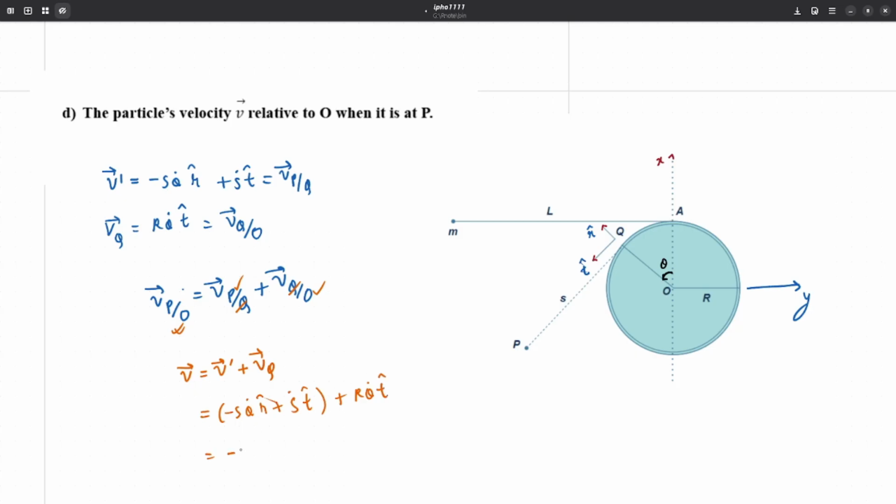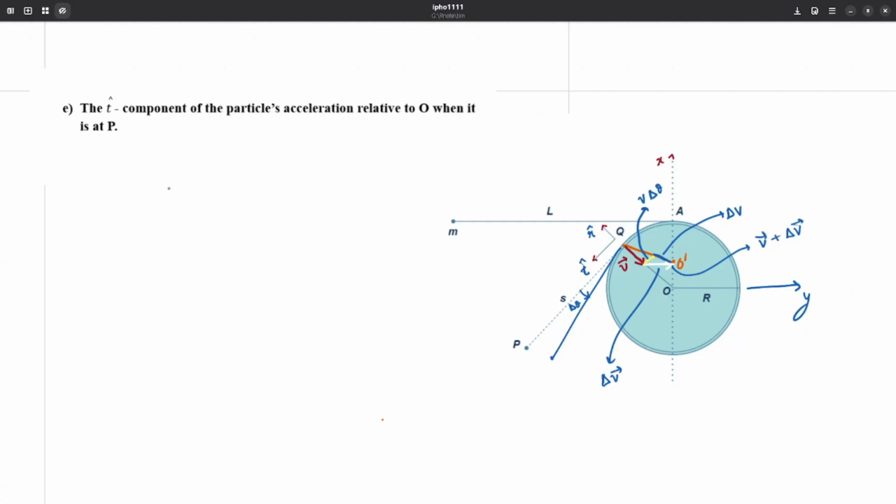And we get minus s theta dot r cap, since s dot plus r theta dot is equal to 0, as this is the tangential velocity that we found to be 0 in the first question, question number A. So we know v is equal to minus s theta dot r cap.